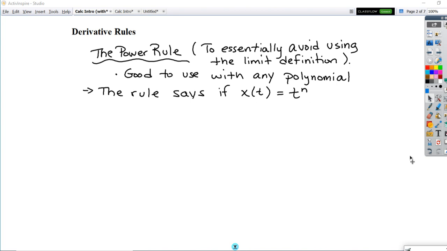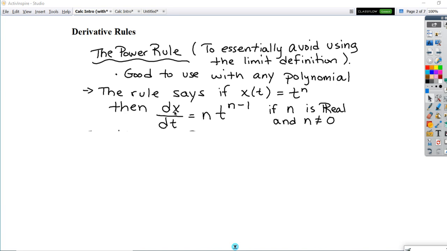If this is your function, then the power rule says that the derivative of your position with respect to time is equal to the power of your polynomial n times t to that power minus 1.